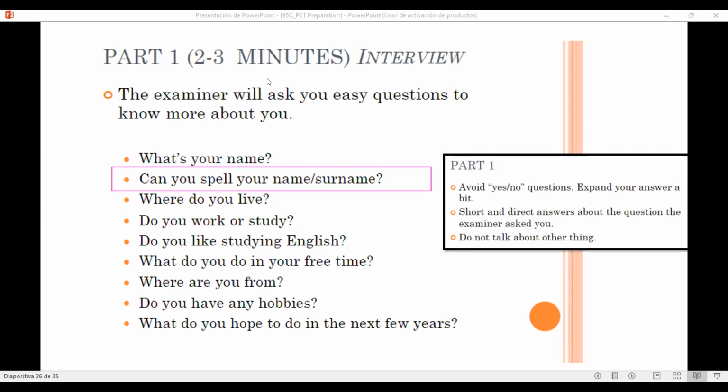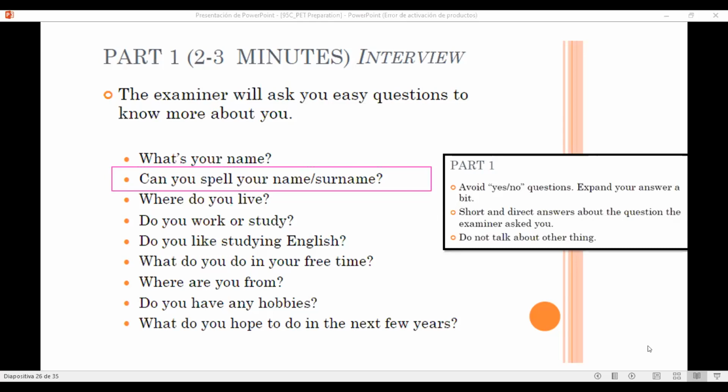Can you help me spelling your name, please? How do you write your name? S-T-E-E-B. Exactly. Okay. Thank you. Let me see. I'm going to take a few minutes here and I'm going to ask some of you, how do you spell your name?